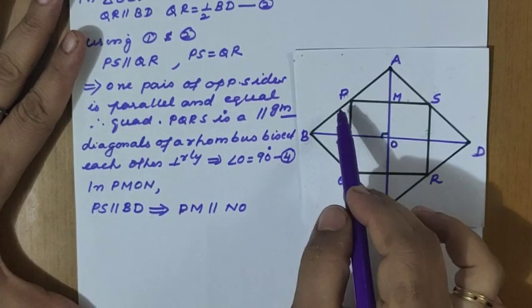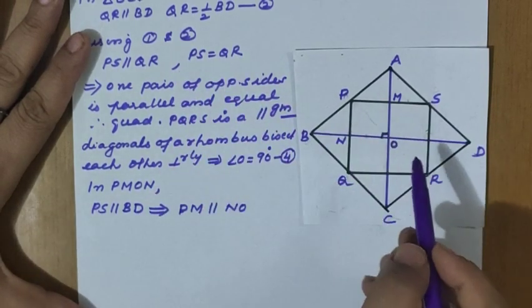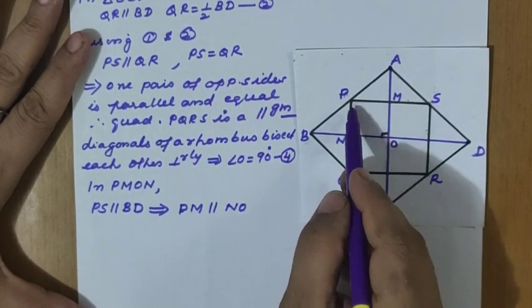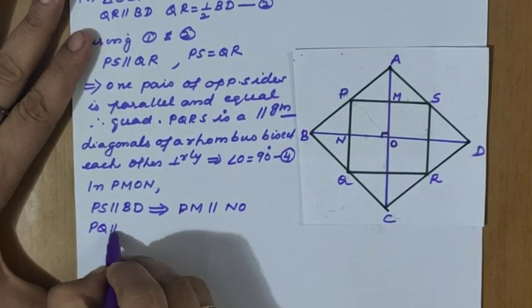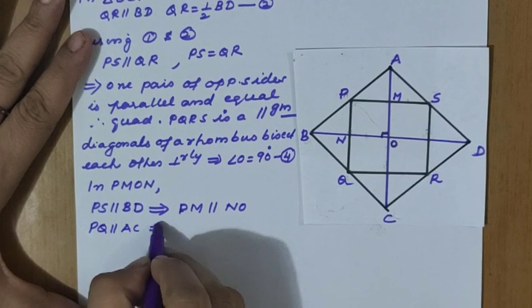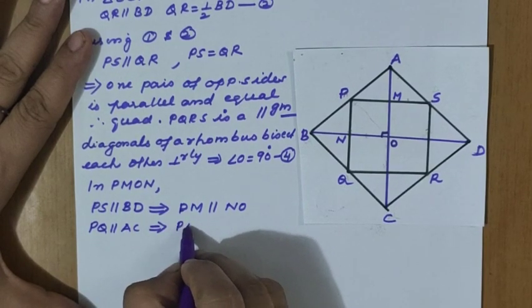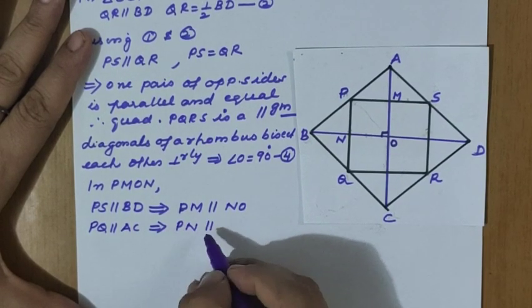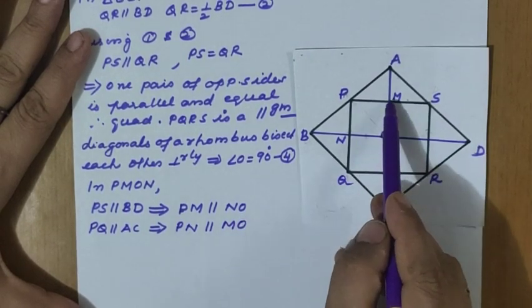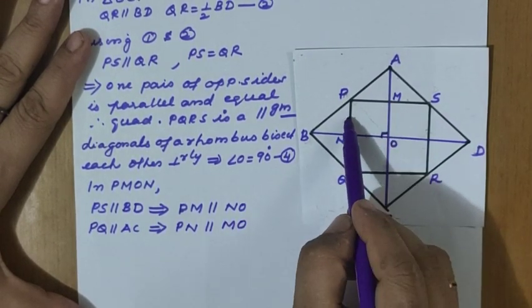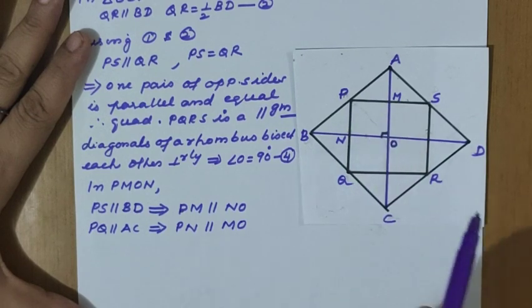PQ is parallel to AC by the midpoint theorem, which we have proved. Similarly, PQ parallel to AC implies PN parallel to MO. Now you see PMON, we got two pairs of opposite sides parallel.